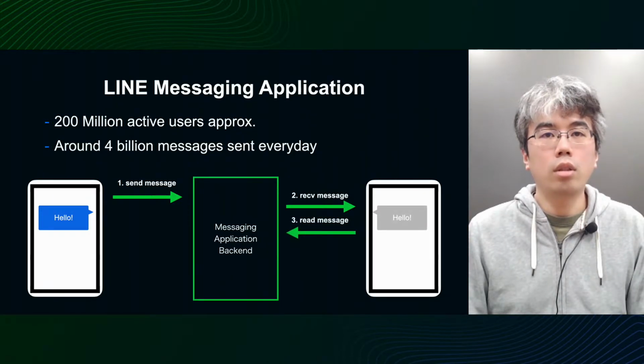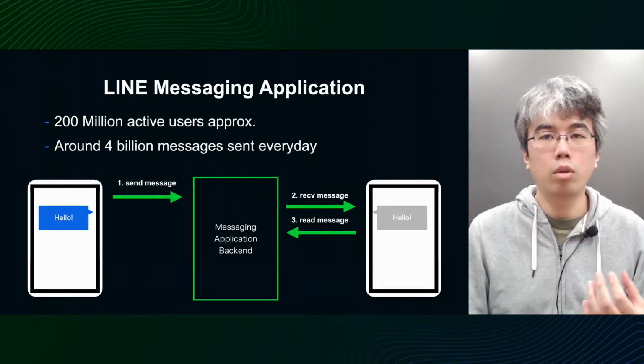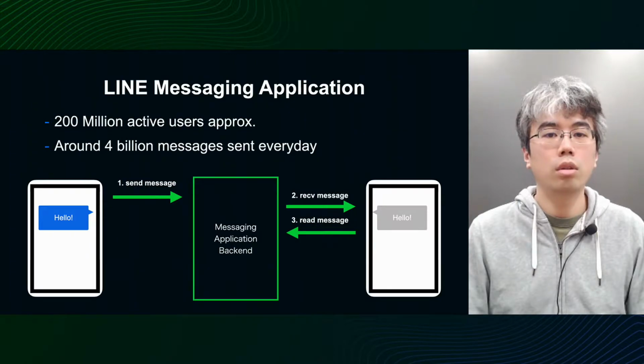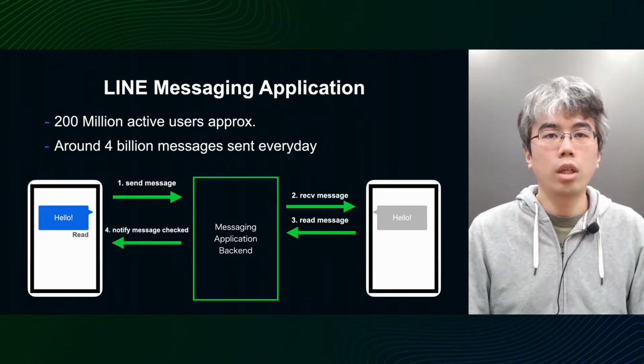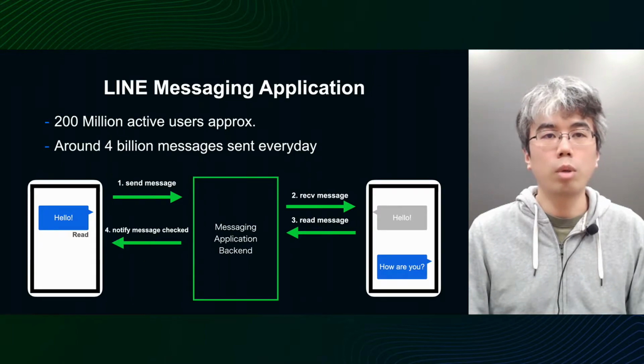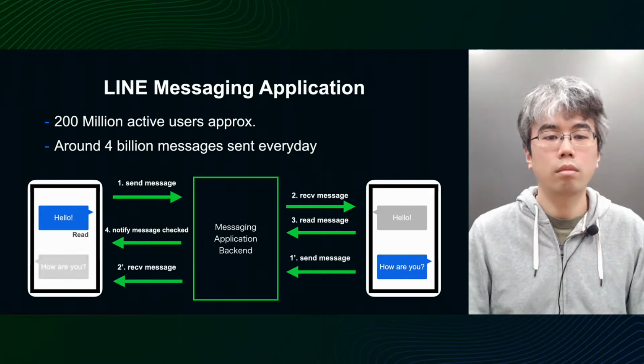When the client receives the message, it notifies the sender via the backend that it has read the message. Since there are 4 billion messages per day, about 40,000 to 50,000 messages per second are exchanged in this flow.